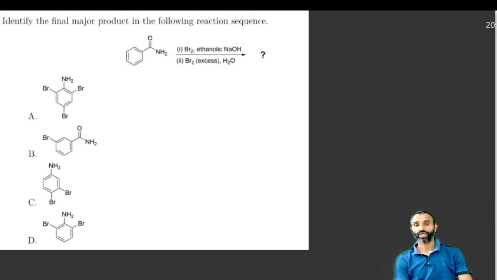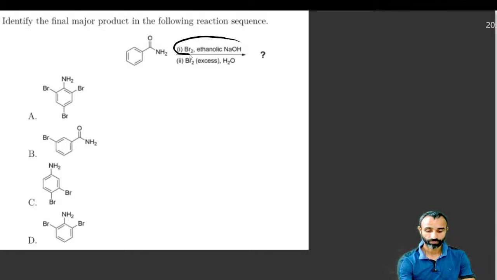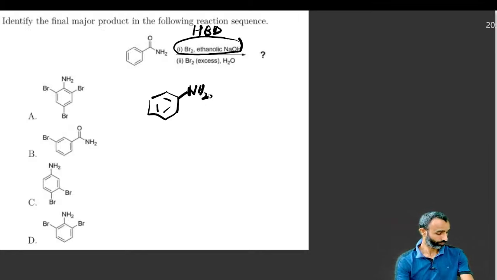Okay, so we have benzamide on treatment with bromine in ethanolic NaOH. What is this? This is Hofmann bromamide degradation. When Hofmann bromamide degradation takes place, CO is removed and replaced by NH2. So we get aniline.